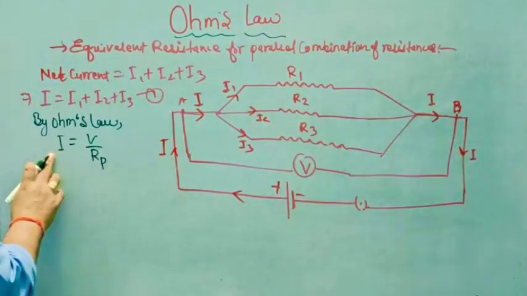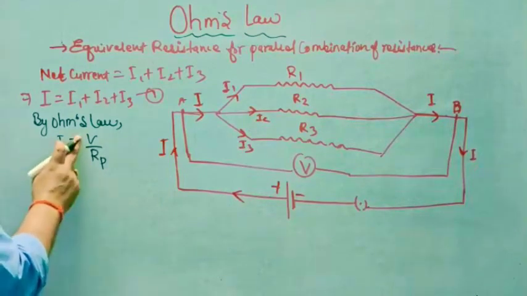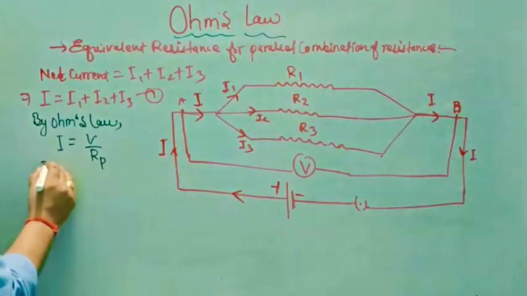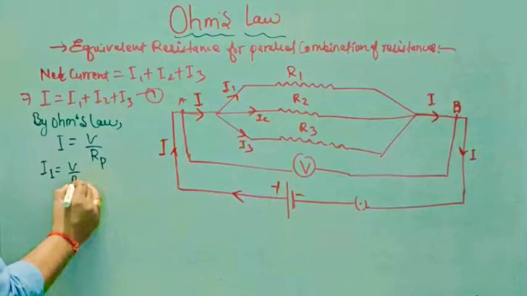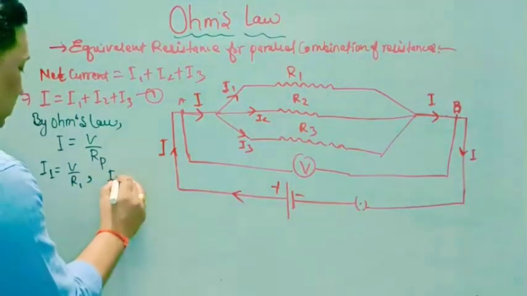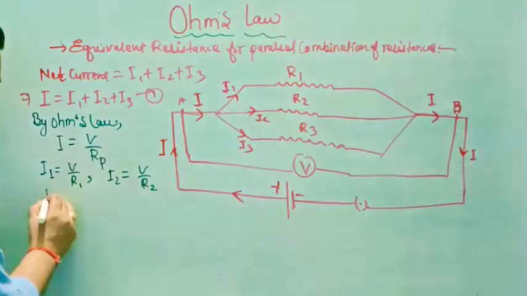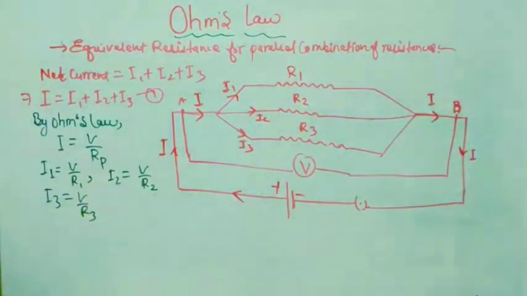So I is equal to net current, net potential difference and net resistance. So I is equal to V upon Rp. Similarly, I1 is equal to V upon R1, I2 is equal to V upon R2 and I3 is equal to V upon R3.